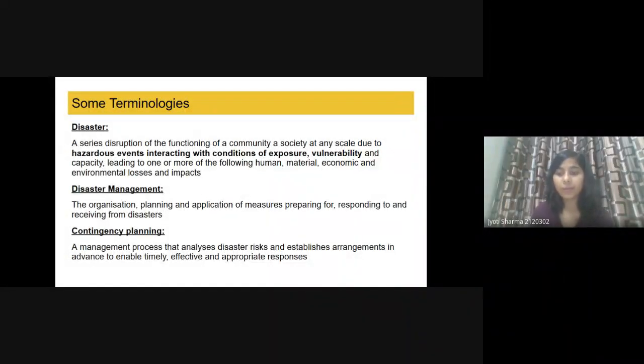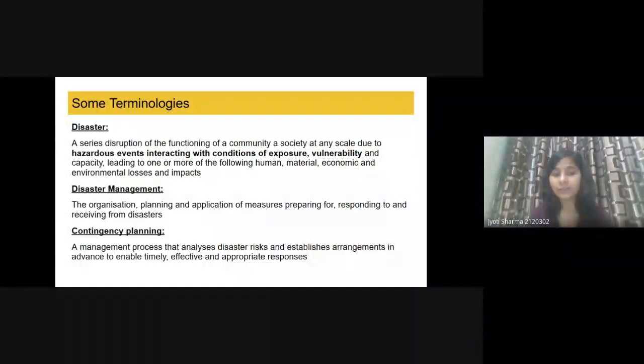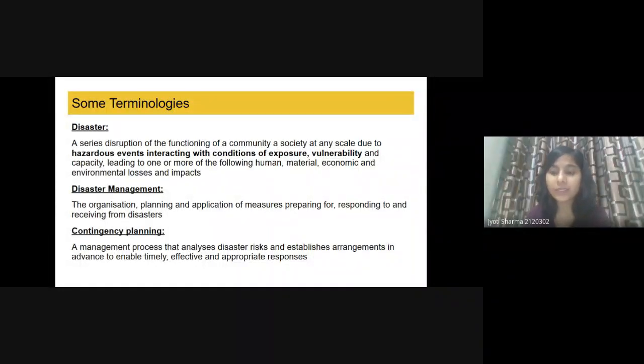This is also a management process that analyzes the disaster risk we can have and establishes arrangements in advance. For example, if you know there will be a cyclone or an earthquake in the meantime, you can create temporary shelters and increase the food supply in prone areas. This is contingency planning.